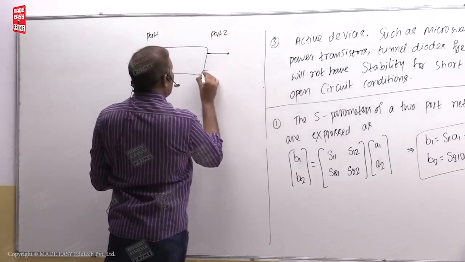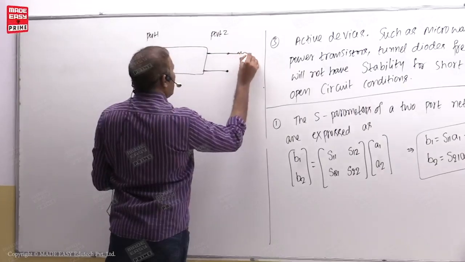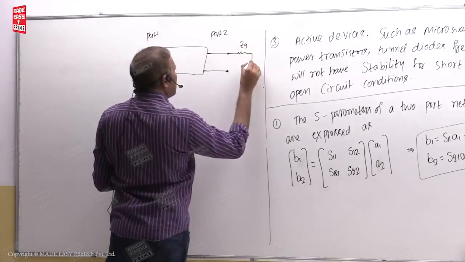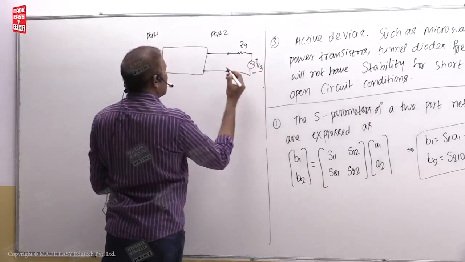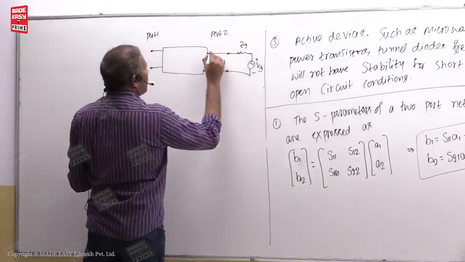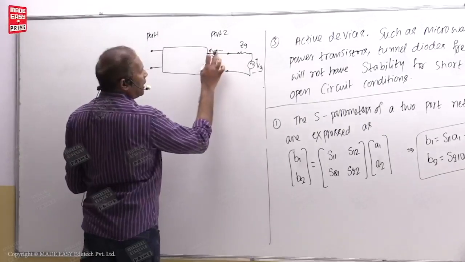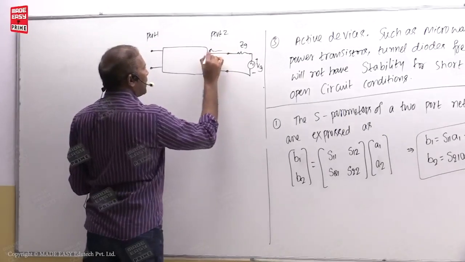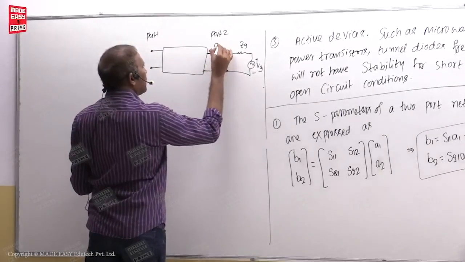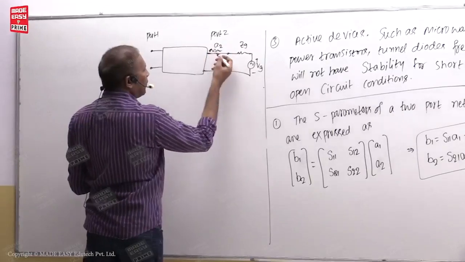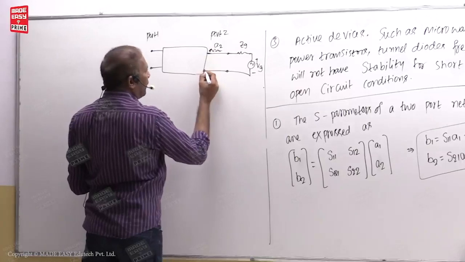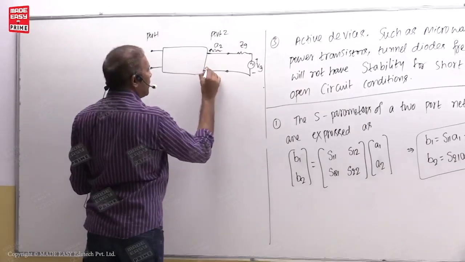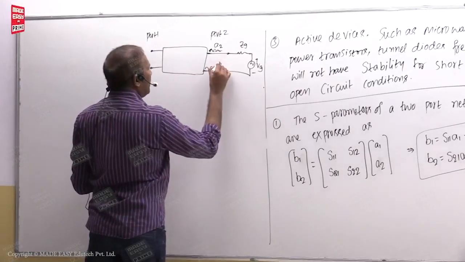Here is the generator impedance, and the voltage generator is connected like this. Whatever signal enters from this, you can write on the top side or bottom side, it doesn't matter, I told you, student. So this is A2, and whatever completely enters, a little bit is reflected because of impedance mismatch, and that is B2.